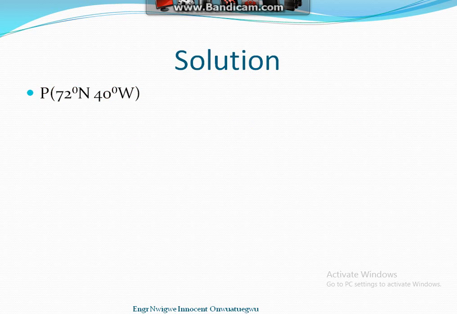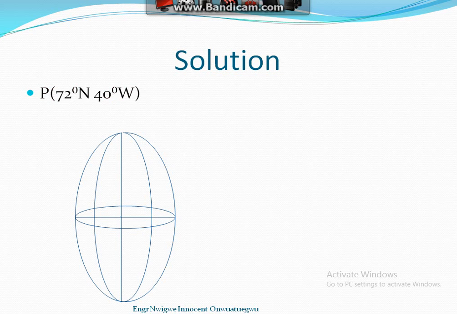Solution. At point P, we have 72 degrees north and 40 degrees west, and at point Q, we have 23 degrees north and 40 degrees west. Since they are pointing at the same west longitude, we draw our longitude along the vertical axis of the circle and our latitude along the horizontal lines of the circle.